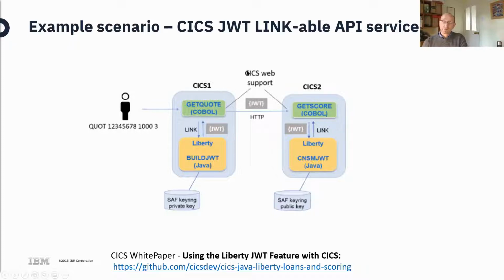This is described in more detail in a white paper that is also published. This white paper is actually on our GitHub, and this repo, CICS Java Liberty Loans and Scoring, is a repo for the source code, and that now contains the white paper as well as the sample code.